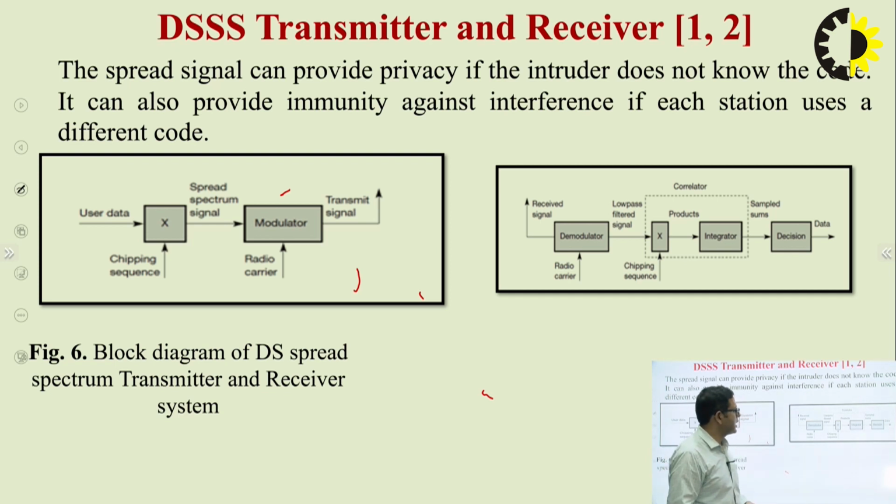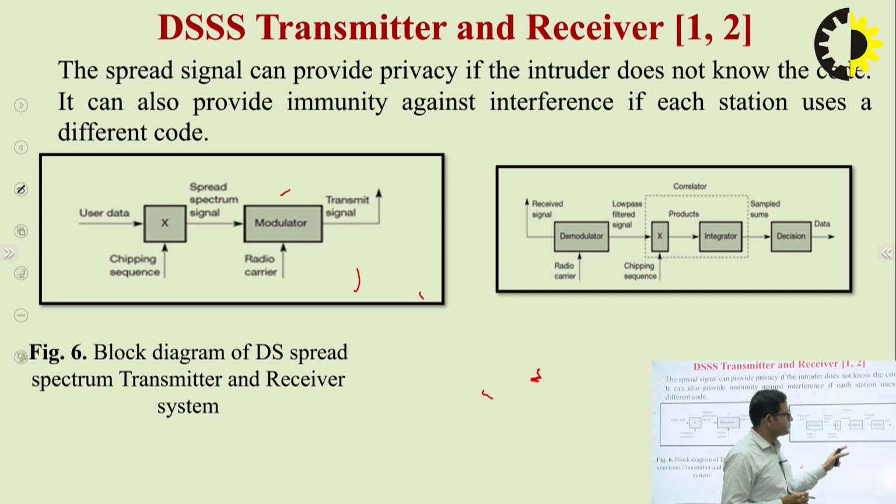At the receiver side, we receive this signal, and first we demodulate the received signal, and after demodulating we pass it through a low pass filter, and this low pass filtered signal is multiplied with the PN sequence that we have used at the receiver side, and the product is integrated.